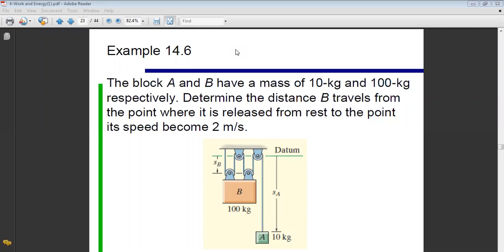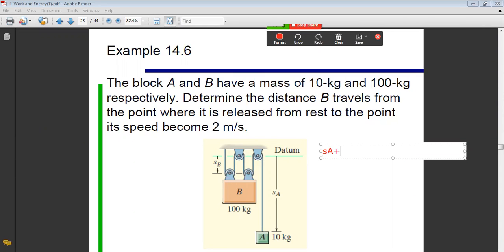So we can write that SA plus 4SB is equal to a constant, okay, is equal to a constant.